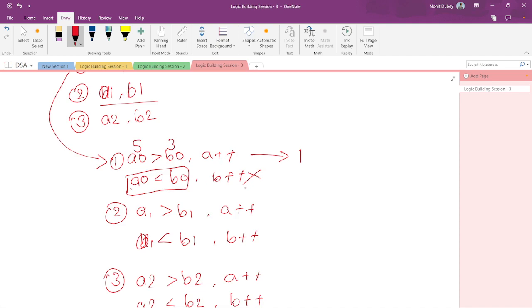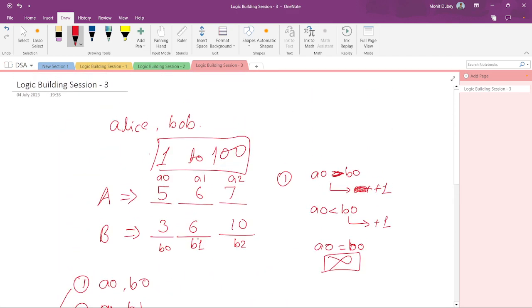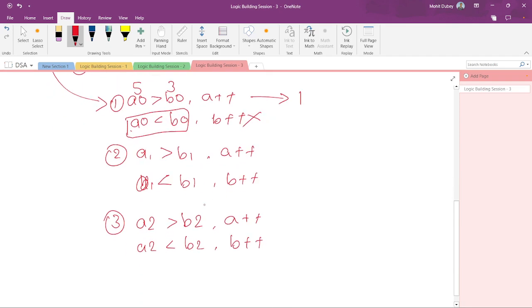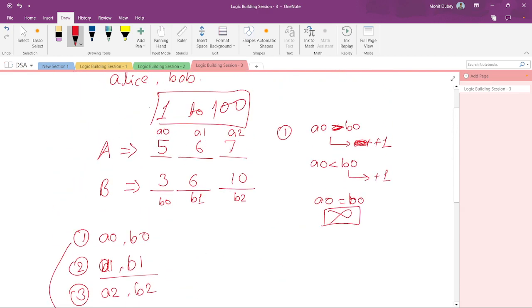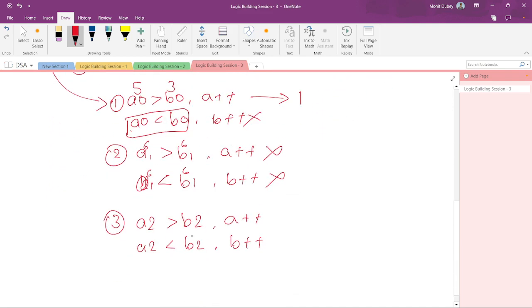Now come to a1 and b1. a1 is 6 and b1 is 6. Since both are 6 and 6, none of the conditionals will be true, so no one will be getting any point, right? Then let's come to a2 and b2. a2 is 7 and b2 is 10.